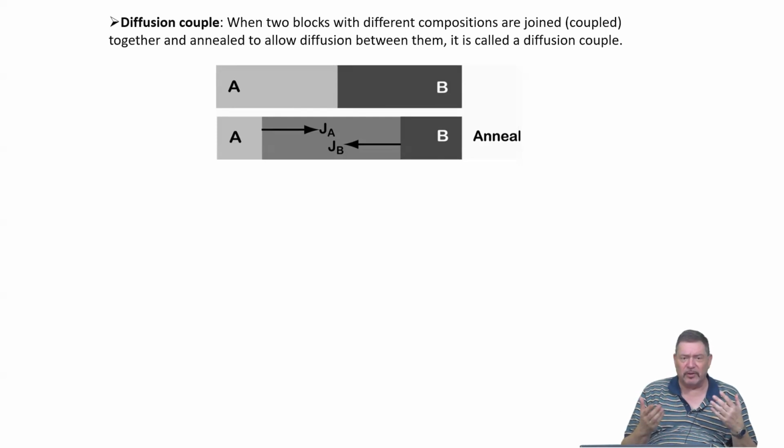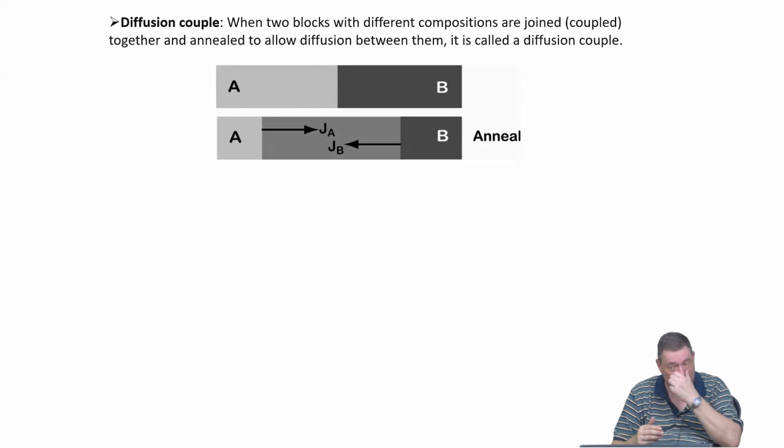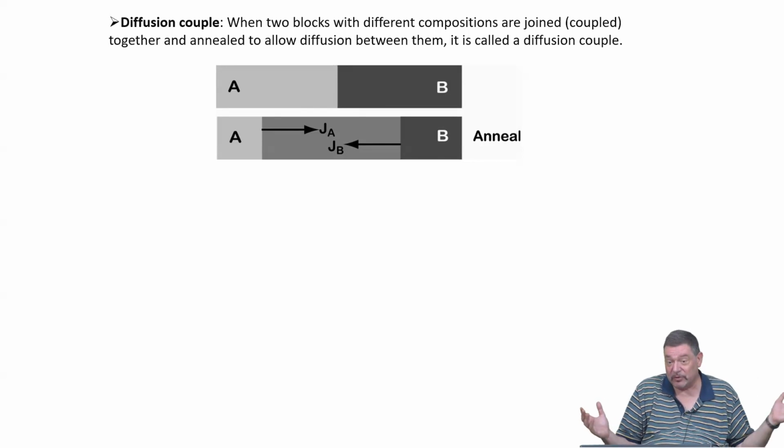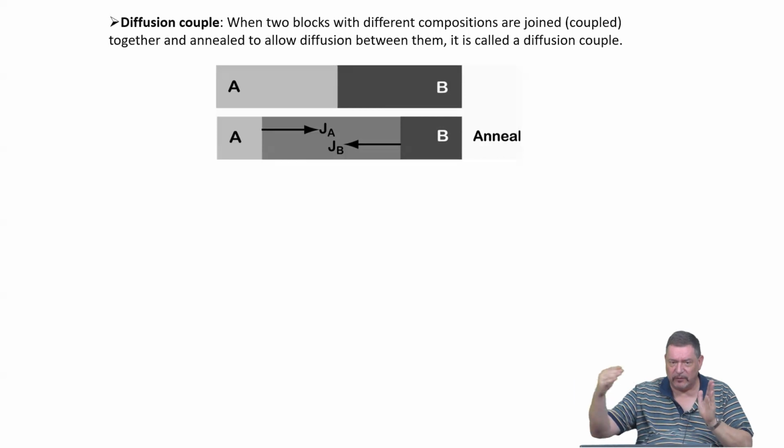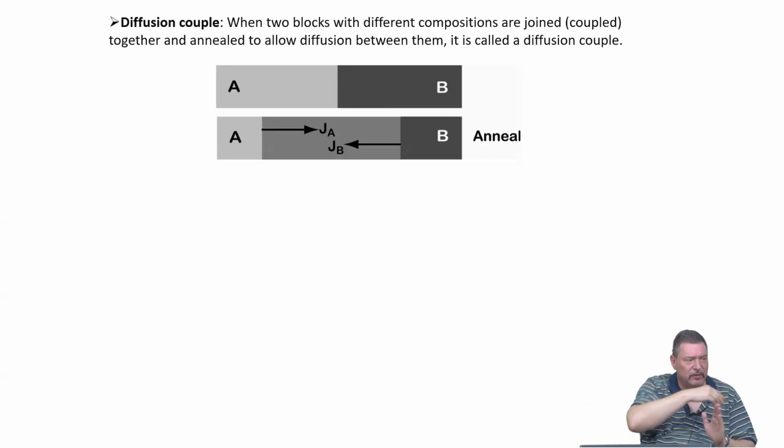So you need to determine the number of atoms at a certain depth in your material after a certain time t at a certain temperature capital T. Now, if you do not have a very good method, or maybe the resolution of your microscope is not so great, or the diffusion process happens in a way that after examining your diffusion couple you cannot measure very accurately the profile, like how many A atoms have diffused into B and how many B atoms have diffused into A.